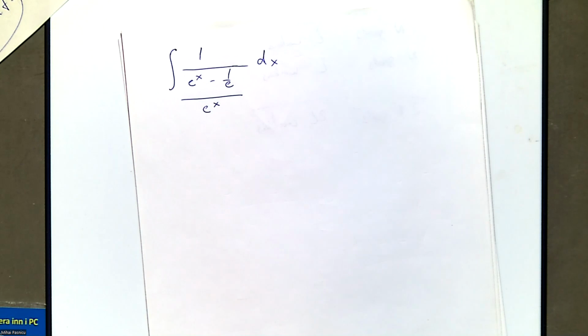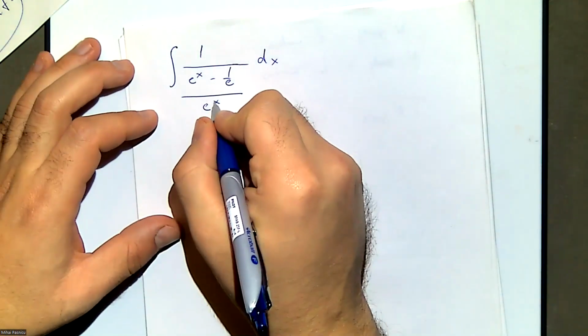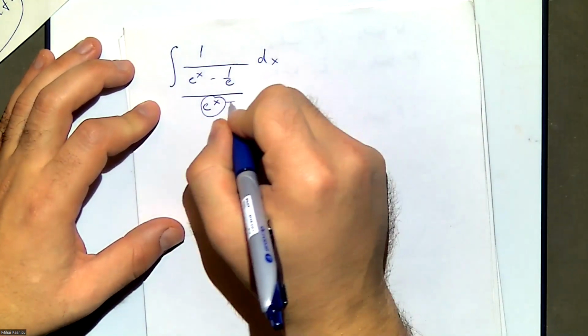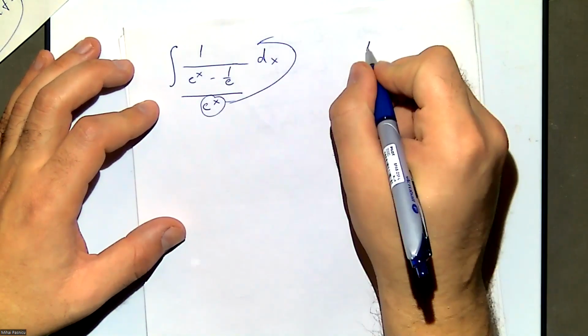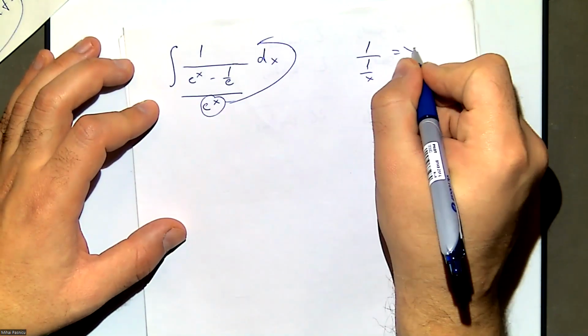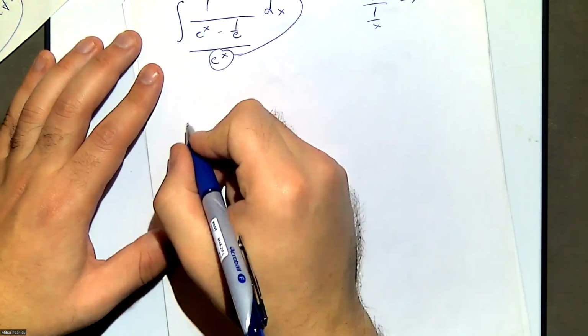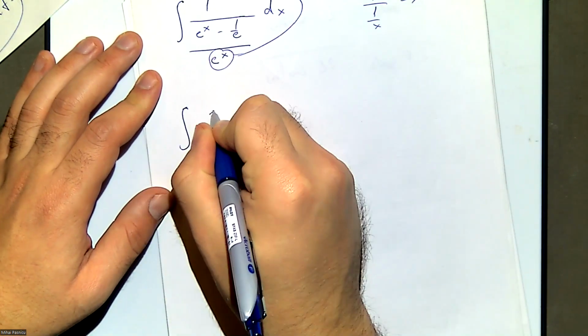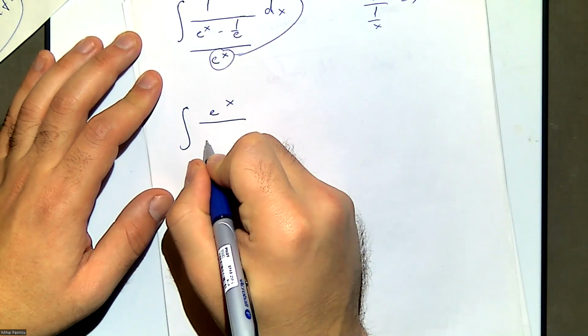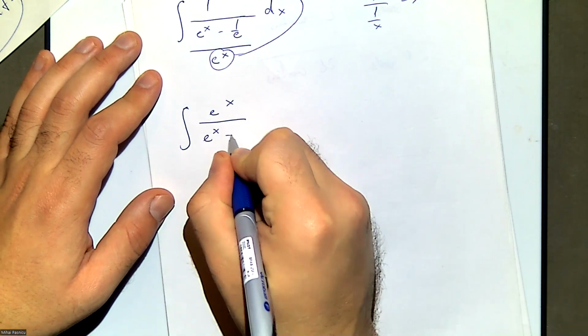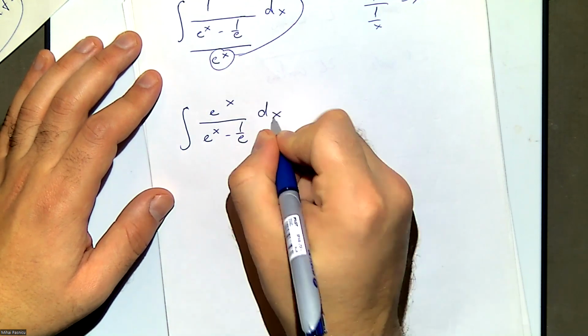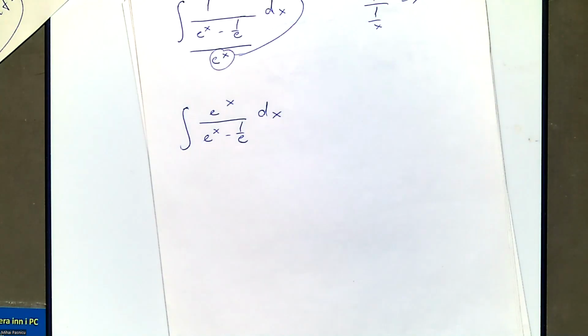I've made the argument before that I hate 1 over 1, like too many overs. So I'm going to move this e to the x up top, right? Because 1 over e to the minus x is equal to e to the x. So I have the integral of e to the x over e to the x minus 1 over e dx.